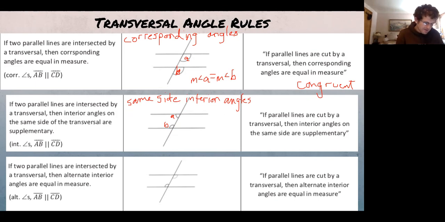All right, now the interior, if we look at our parallel lines, I'm going to come down to this example. The inside of this is called the interior. And then outside of it in either direction is the exterior.